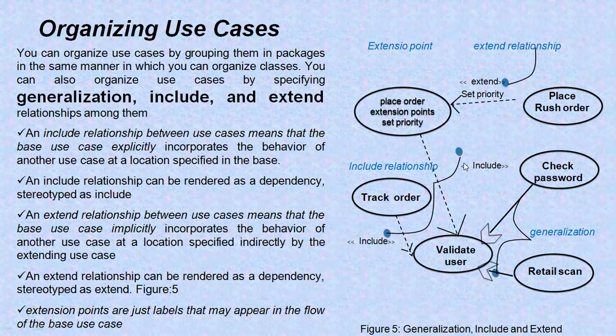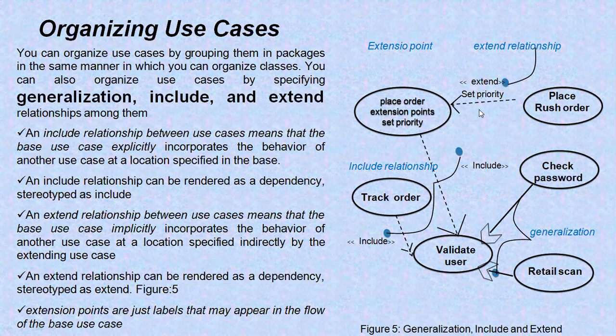An extend relationship between use cases means that the base use case implicitly incorporates the behavior of another use case at a location specified indirectly by the extending use case. So here you can see that an extend relationship can be rendered as a dependency stereotyped as extend in this particular figure.